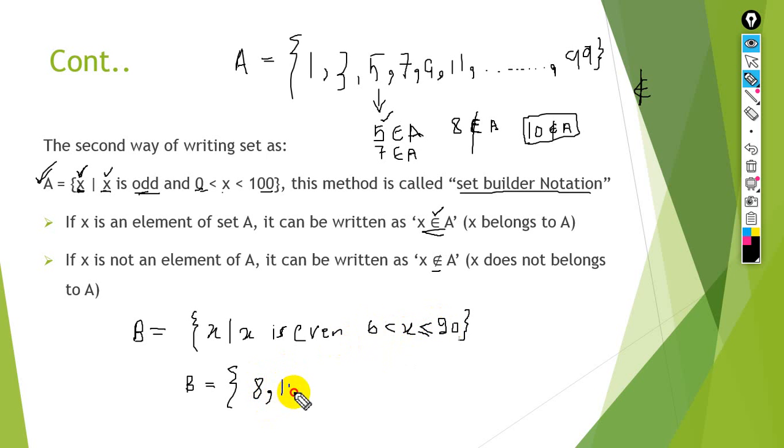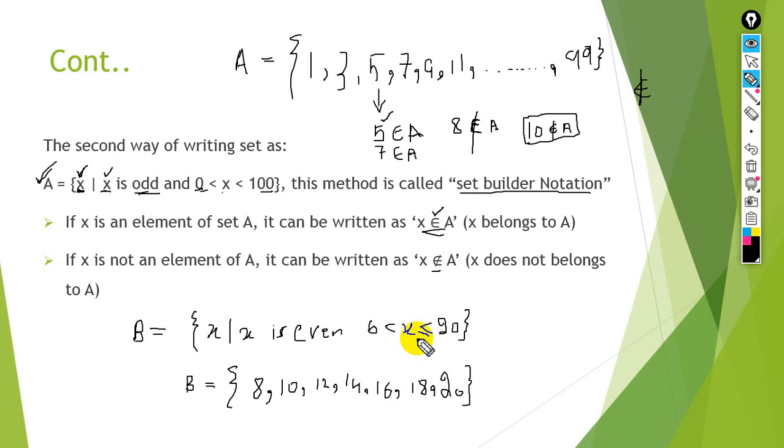For example 8, 10, 12, 14, 16, 18 and also 20 will exist, and 20 will also be included in this set. Why? Because in the condition I have written that x is less than or equal to 20.